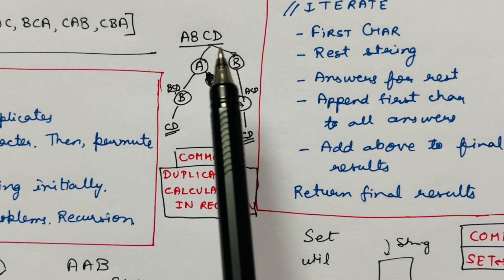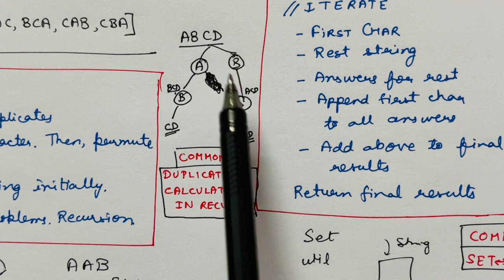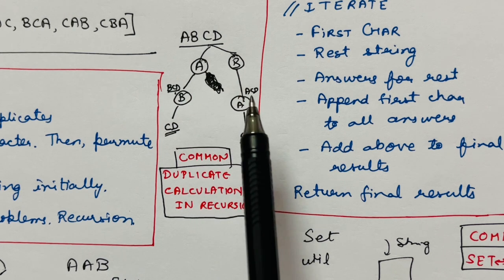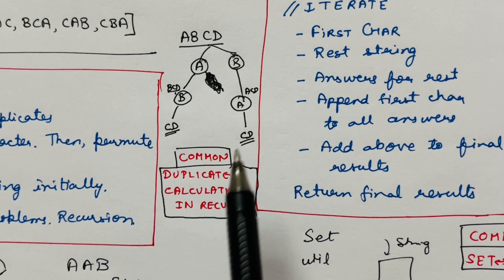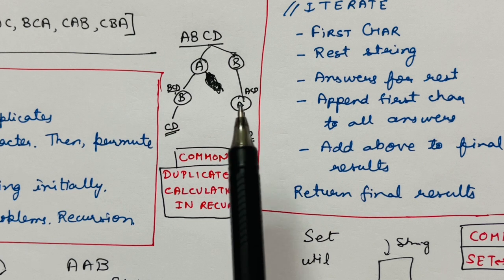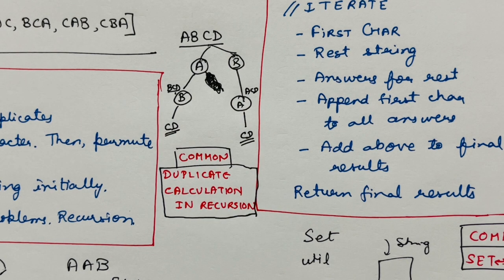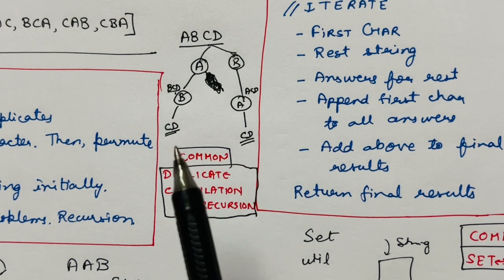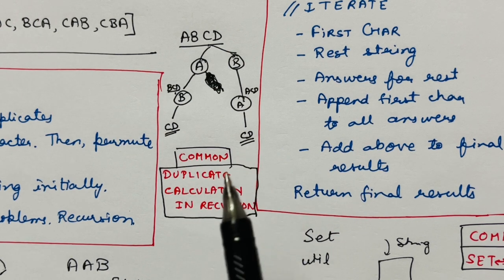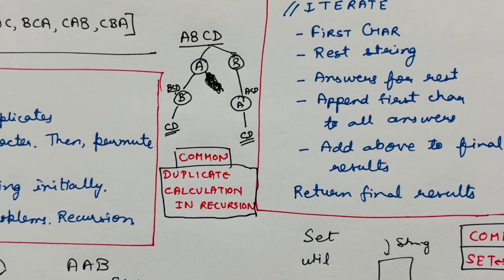Similarly, in another iteration, here we will first fix B and then we have to find answers for ACD. And to find answers for ACD, we will first fix A and then we have to find answers for CD. So for CD, we have to find the answers twice.